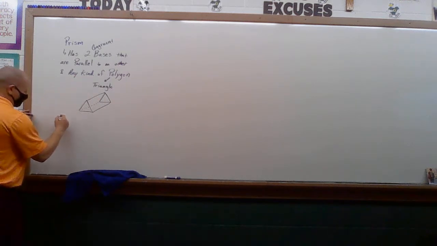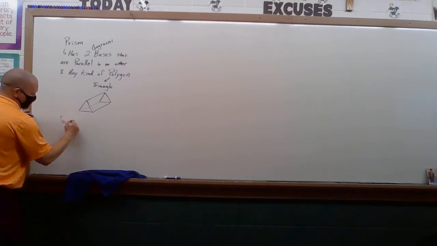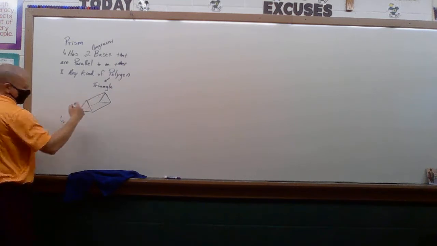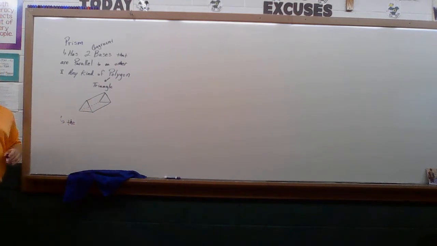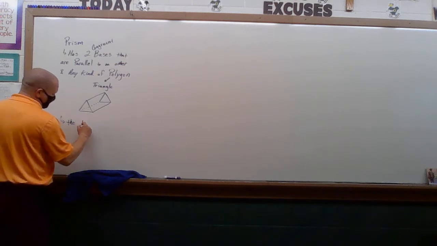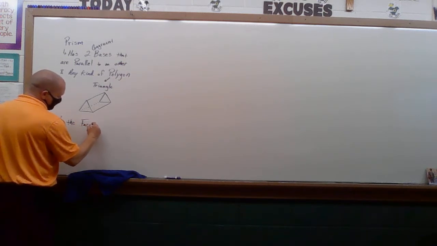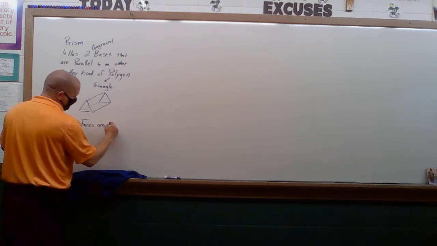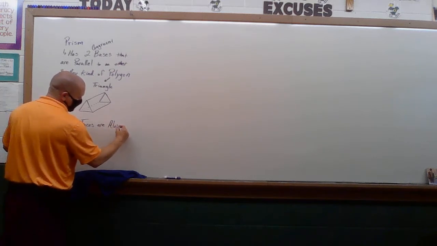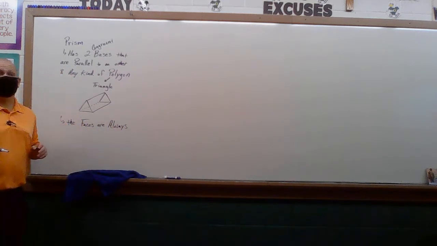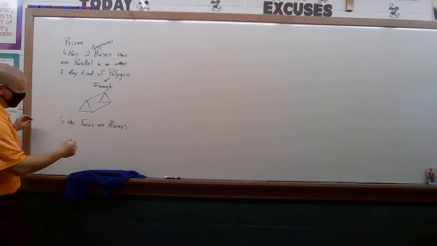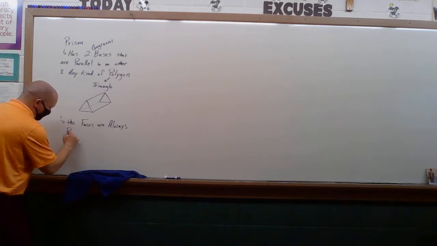So remember, the bases are those polygons, but what did we call the other sides of this yesterday? Not the bases, but the what? Faces, right? The faces are always what shape? Rectangles. Let's say parallelograms.